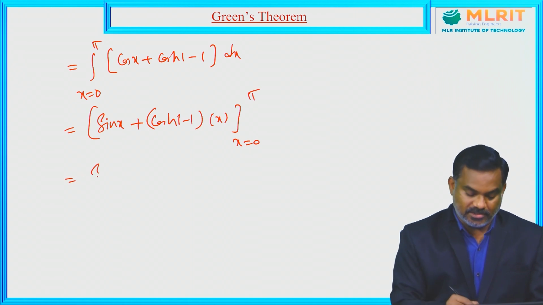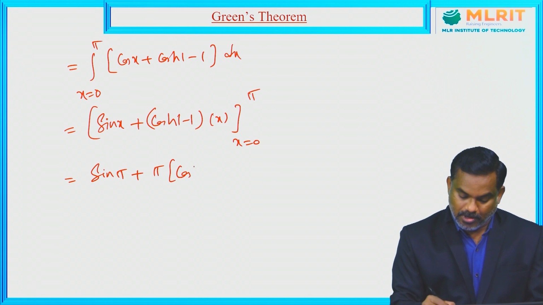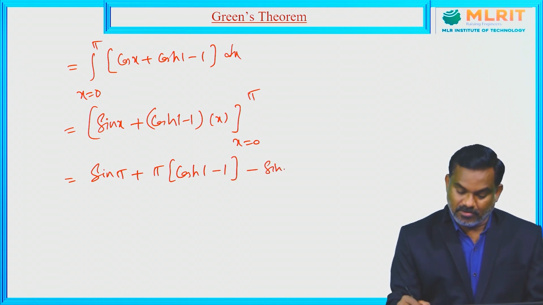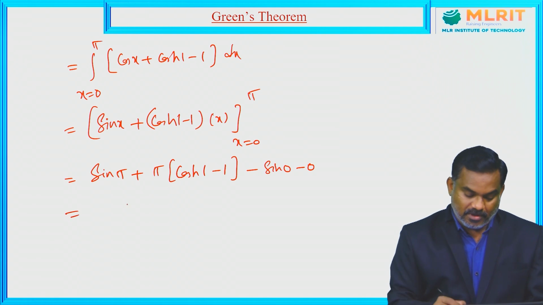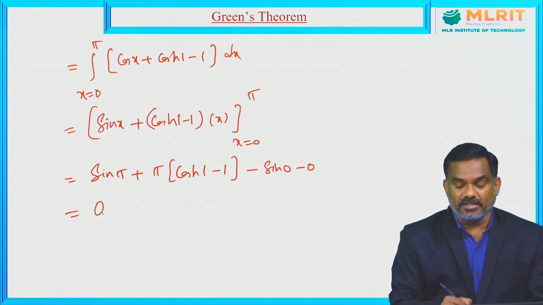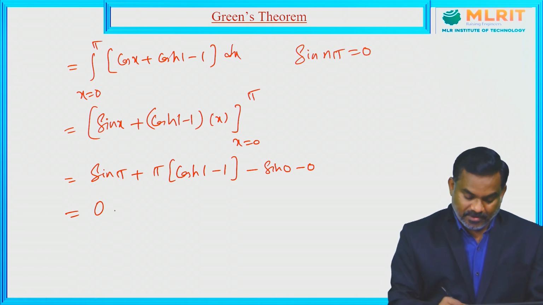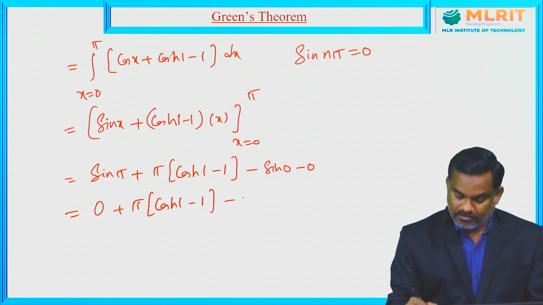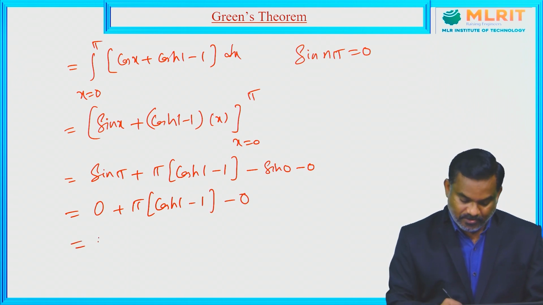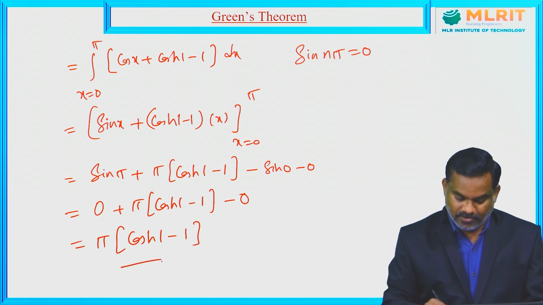So apply the limits: sin pi plus pi into cosh 1 minus 1, minus sin 0 minus 0. Sin pi is 0, since sin n pi is 0 where n is an integer. So plus pi into cosh 1 minus 1, minus sin 0 which is 0. So the final answer is pi into cosh 1 minus 1.